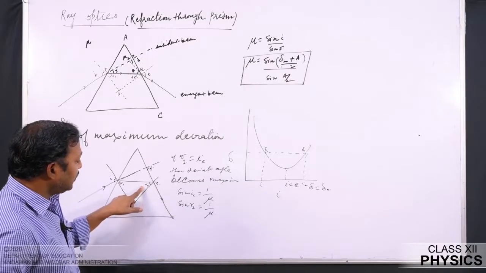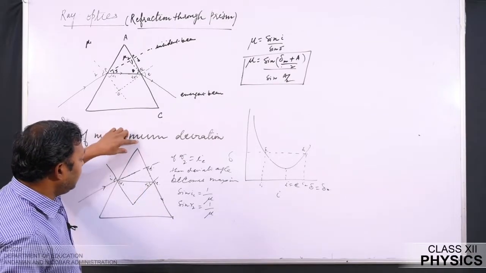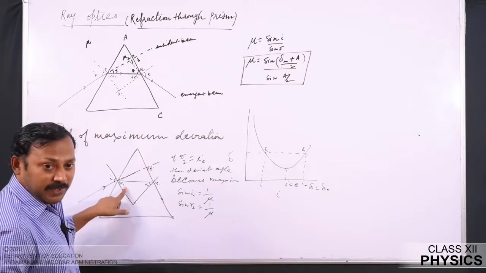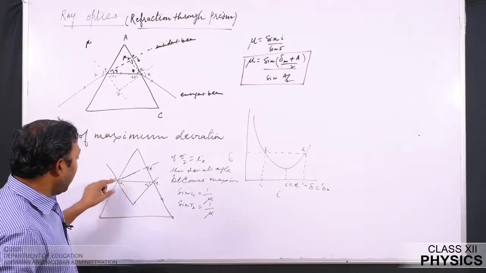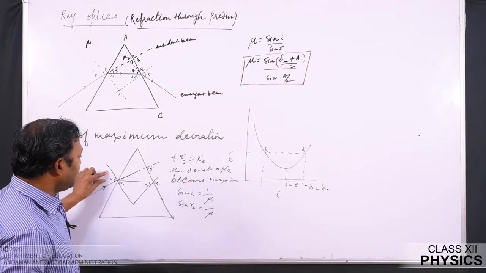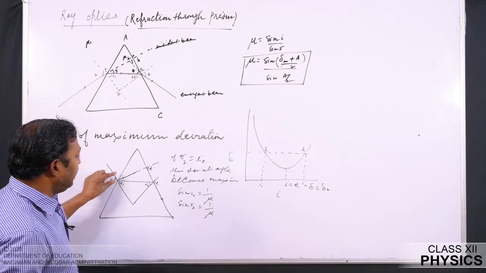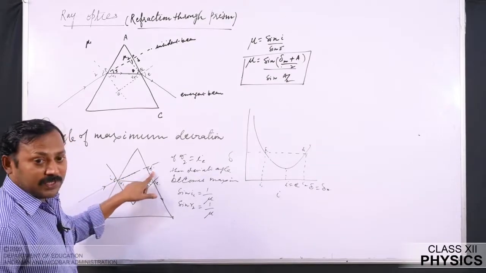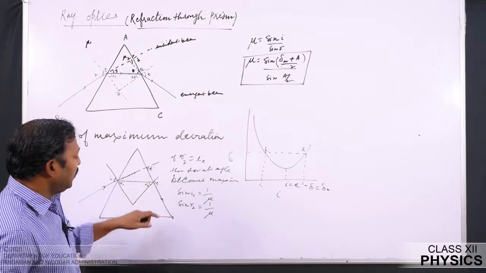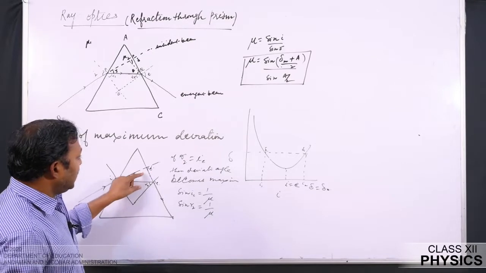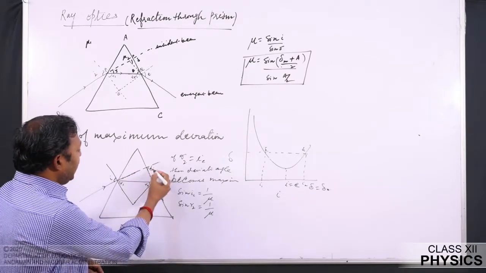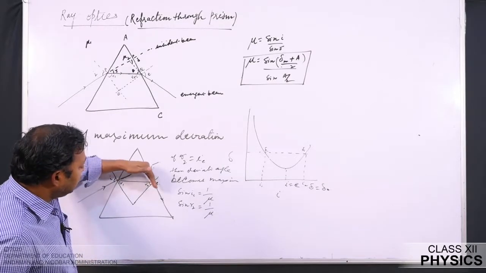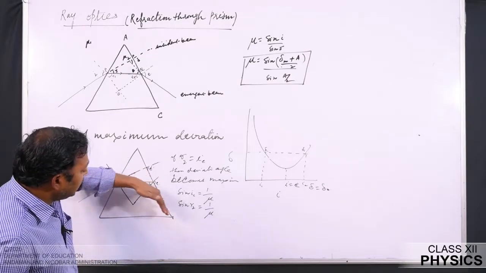After knowing r2, if we know the prism angle, using that prism angle and r2, r1 can be determined, and after knowing r1, i can be determined, from which we are able to know under what condition of angle of incidence the angle of deviation can be maximum. So, once again, here the deviation angle becomes maximum only when the emergent ray grazes over the surface.